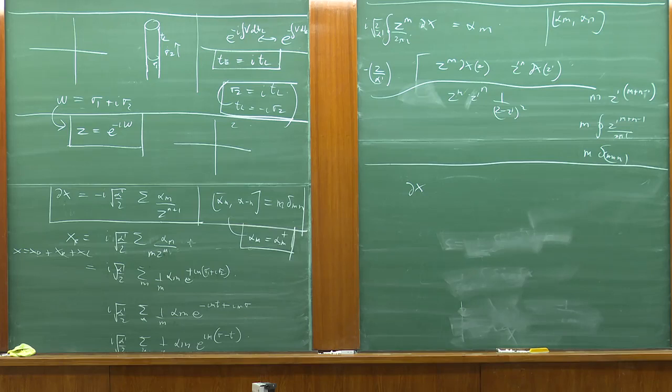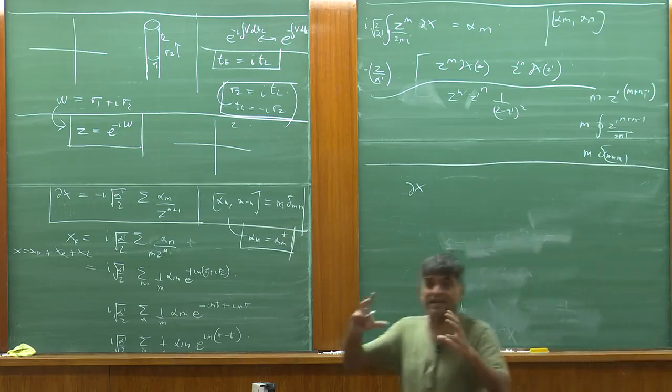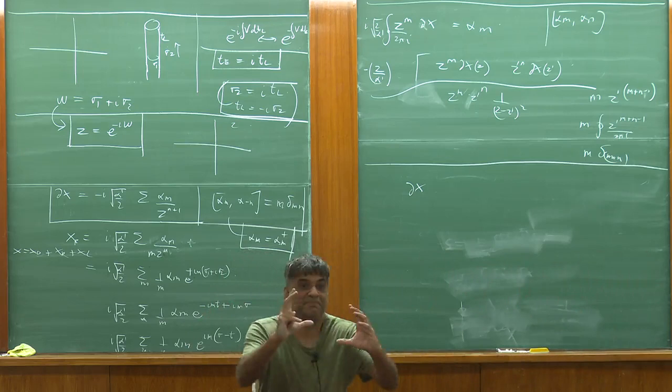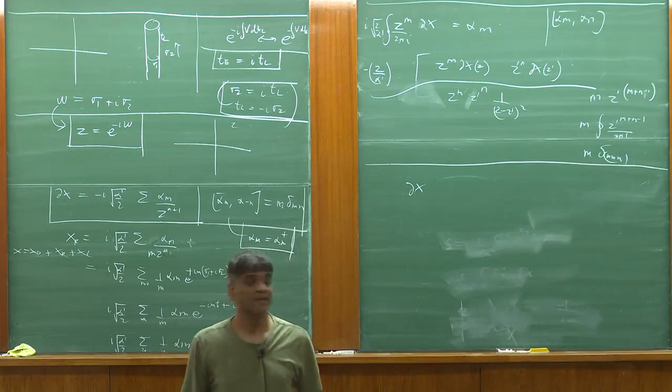We'll get 1 over (z minus z prime) squared evaluated at z equals z prime, which is infinity. So if you take that naive point of view, that an operator is defined by just plugging the naive expression into the path integral, you get an answer that makes no sense.